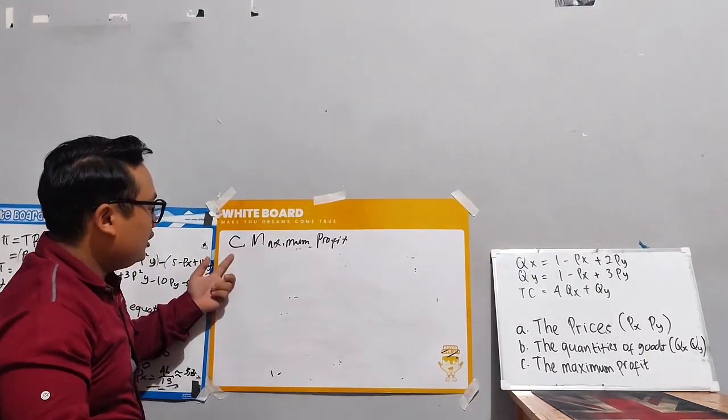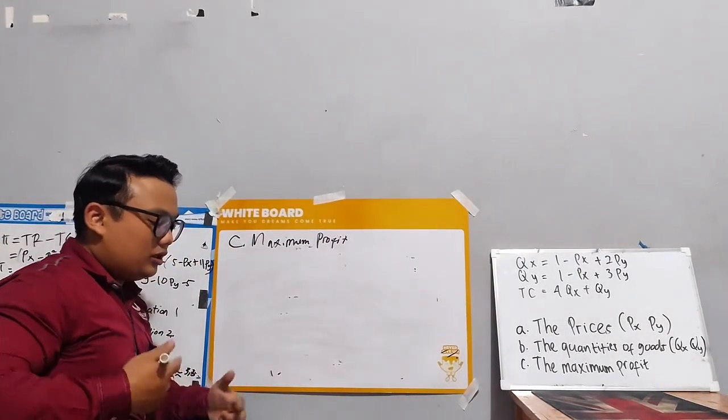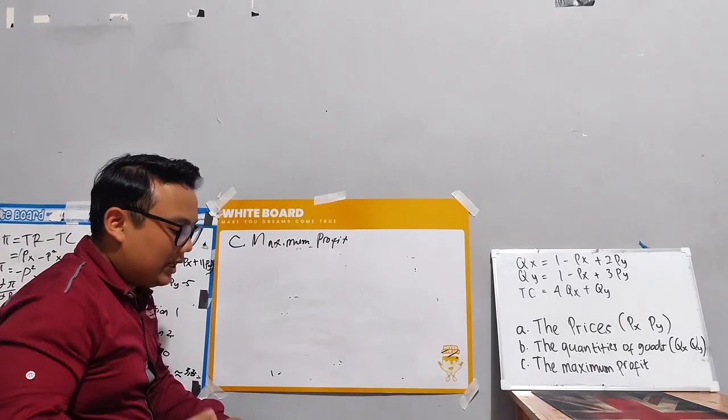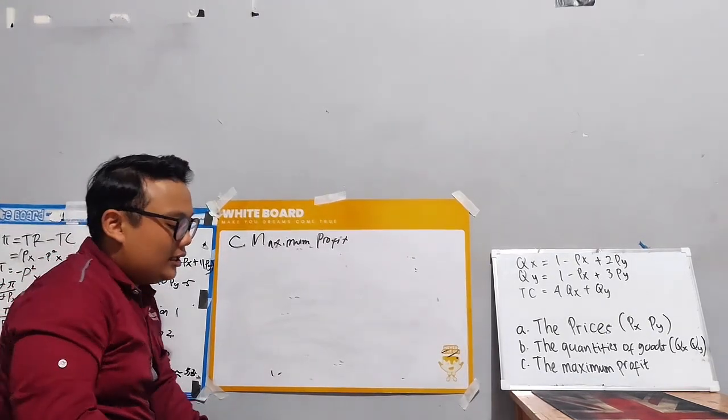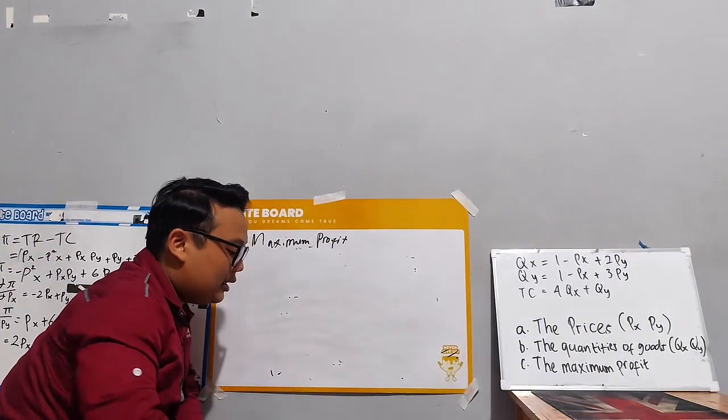Next, to find the maximum profit, we will substitute the optimal prices Px and Py into the profit function P that we constructed earlier.